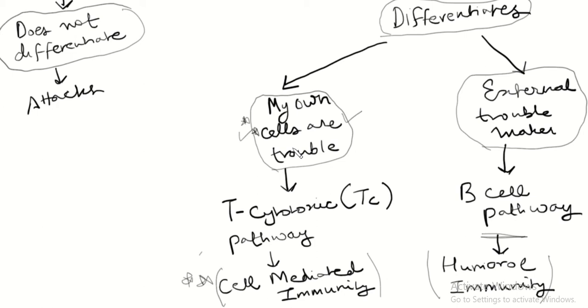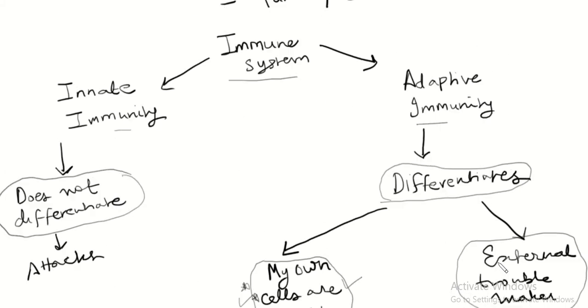So these are my cells that are being used to or are creating trouble. So I use cell-mediated immunity. That's the first part of the adaptive immunity. If there are external troublemakers, then it's humoral immunity. So those are the two subparts of adaptive immunity.